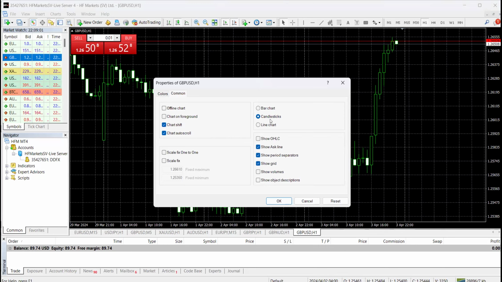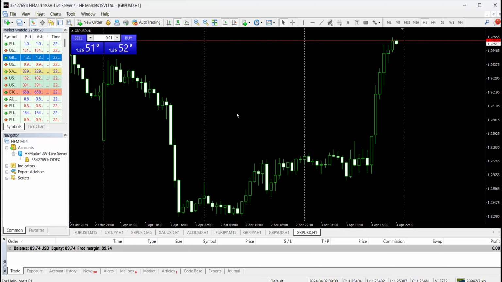Probably common. So the common are things that anytime you open your broker account, anytime you open your MetaTrader, you want to see. So we have the axis line, which is this one, the red one. If you don't want to see it, you can uncheck it. We have the period separator. Before then, let me remove the grid. So without the grid, you see the chart this way.